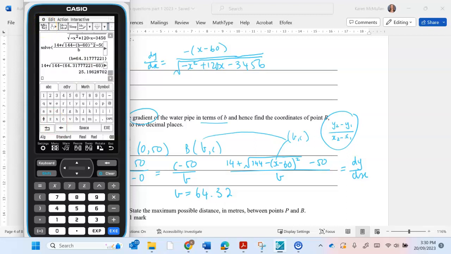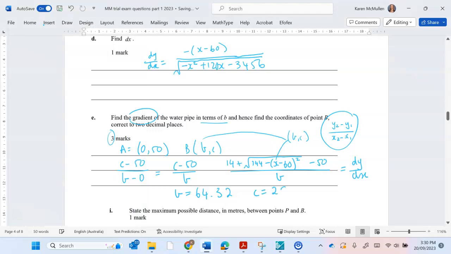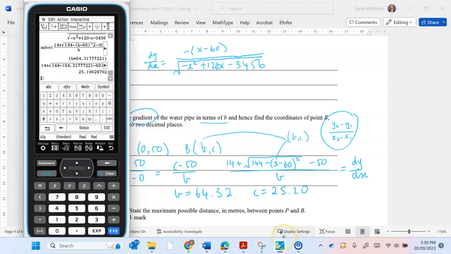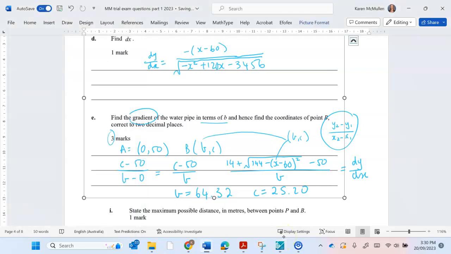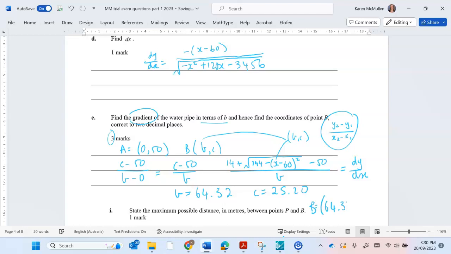Alright, so 25.20. I'm just going to double check that I did that right. 25.20. So the coordinates of B are 64.32, 25.20.